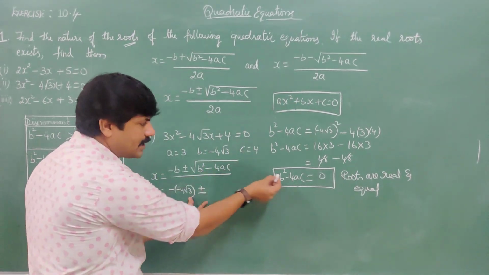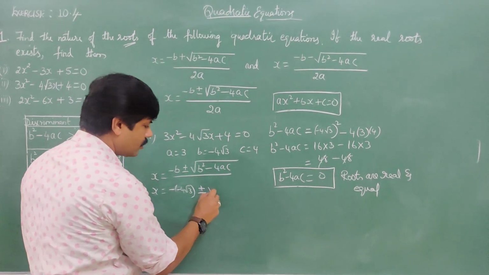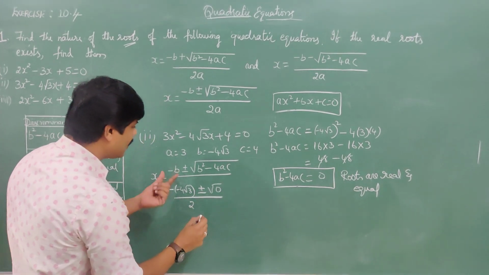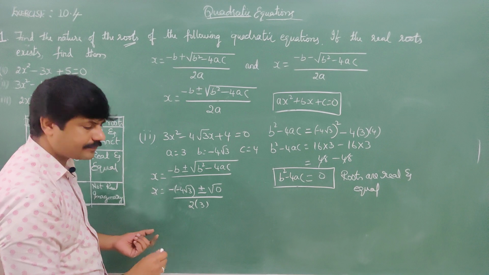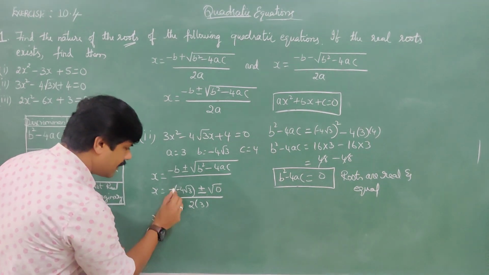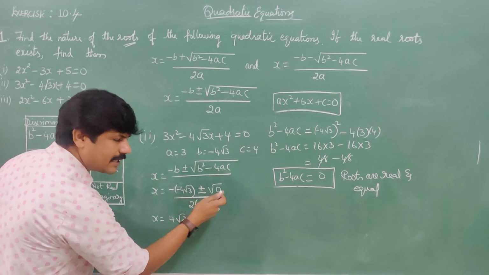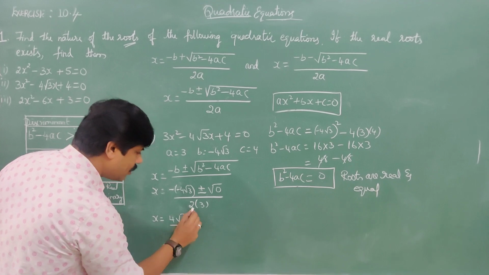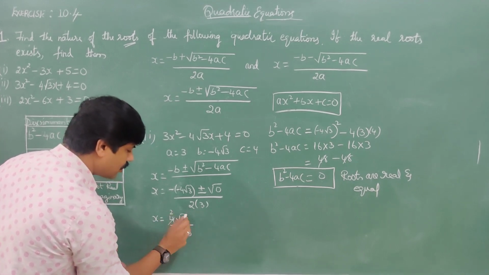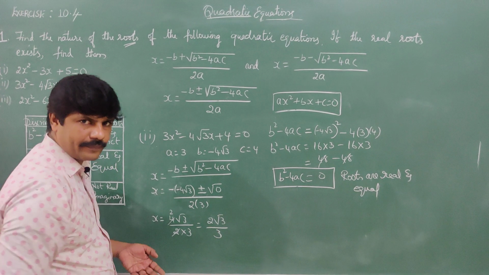So what is b square minus 4ac? b square minus 4ac is 0. Understand? So root 0 is nothing but 0, divided by 2 times a. What is the value of a? a is 3. Again, x is equal to minus into minus, plus 4 root 3, plus or minus 0, leave that, it becomes 0, over 2 into 3, that is 2 times 3. That is 4 root 3 by 6, which is 2 root 3 by 3.